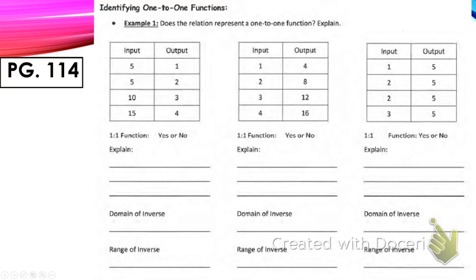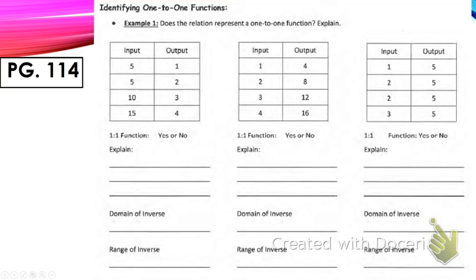All right. I want to know whether these represent a one-to-one function. And then we're going to write down the domain and the range of the inverse. We talked briefly about an inverse yesterday, just like what an inverse is. Today we're going to talk about how to take a table and write an inverse rule from a table.